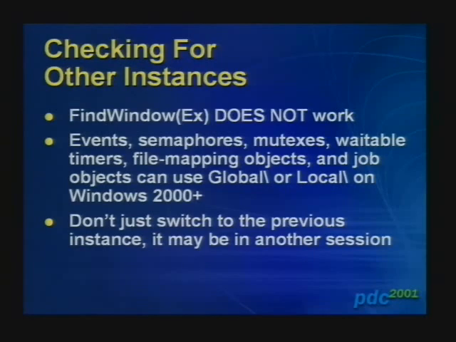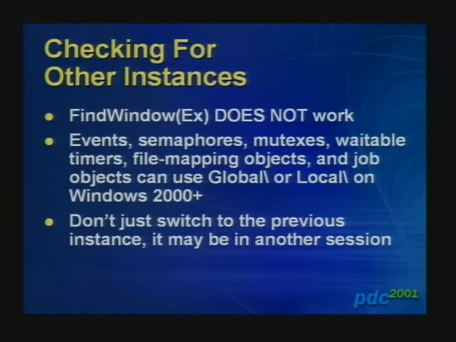So how do I check for different sessions? Before, people have used find window to see if there's another window of a particular class that's running. Well, that won't work anymore, because if you enumerate through the windows in your session, you only see all the windows in your session. Somebody could still be running exactly the same application on a different session, and you won't see those windows.